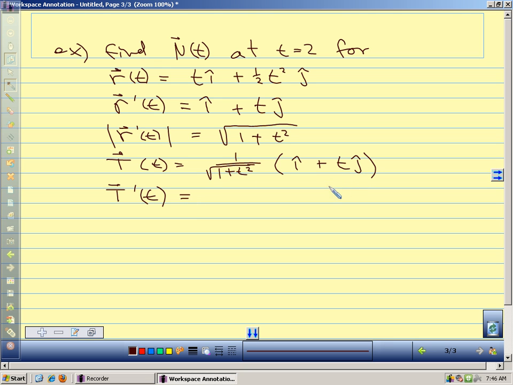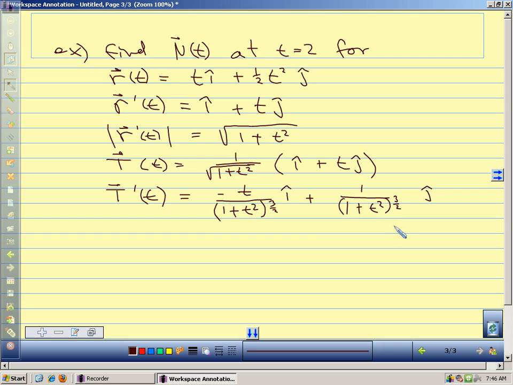I'm not going to go through all the steps to find the derivative here, but our derivative comes out to be minus t over (1 plus t squared) to the 3 halves i plus 1 over (1 plus t squared) to the 3 halves j. It takes a fair amount of algebra to write this expression.